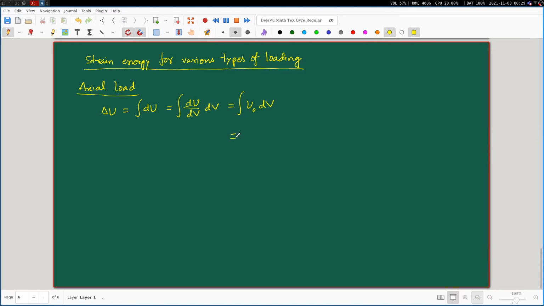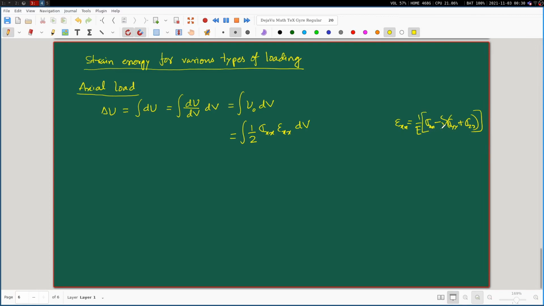Now, we've already seen that U naught is half of sigma xx epsilon xx dV. Now, if you are considering a uniaxial stress situation, and you apply Hooke's law, then epsilon xx is equal to 1 by E times sigma xx minus nu times sigma yy plus sigma zz.